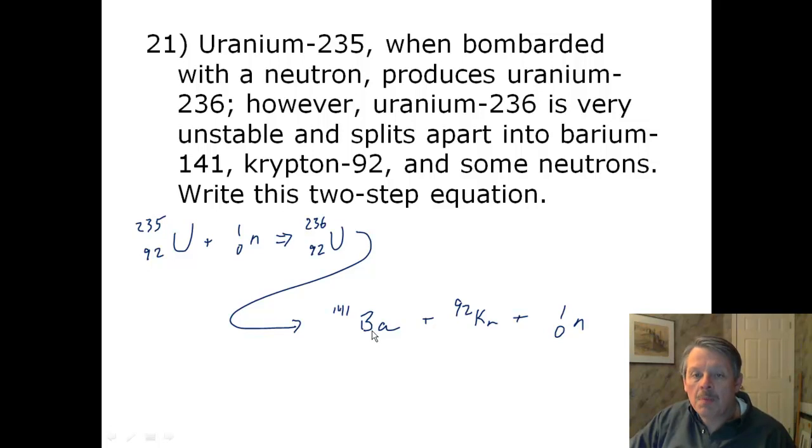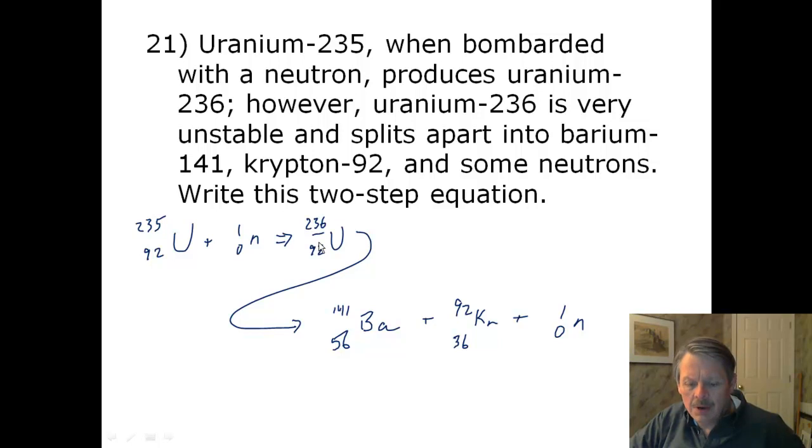We look up barium, and barium is number 56. Now we look up krypton, and that's number 36. Well, 36 plus 56 gives me 92, so that number balances. How about the top? I got 141 and 92. That's 233, and I'm not at 236 yet.